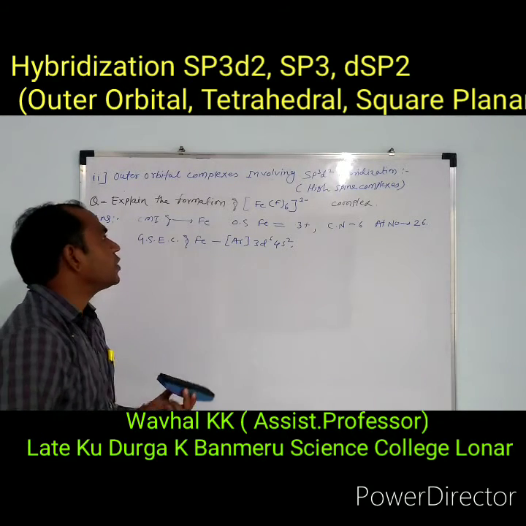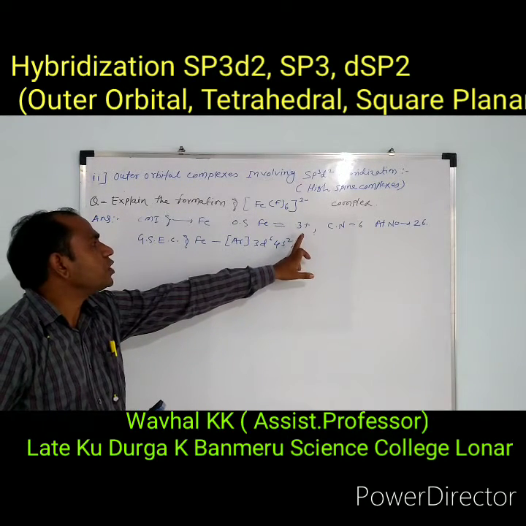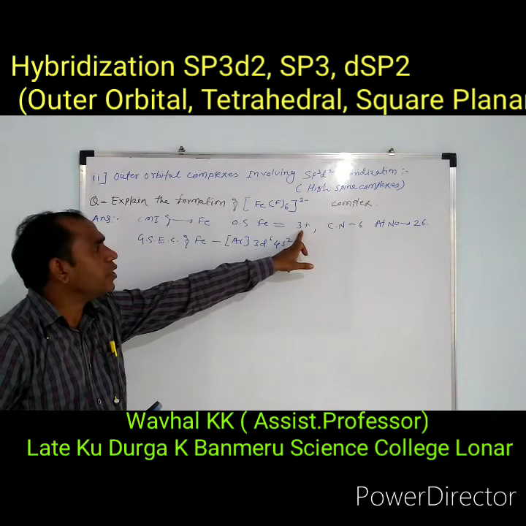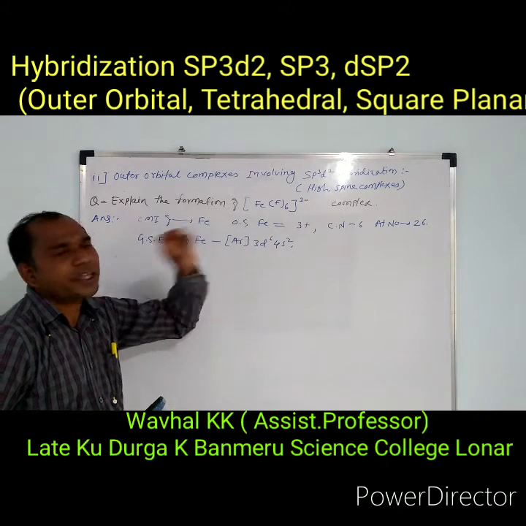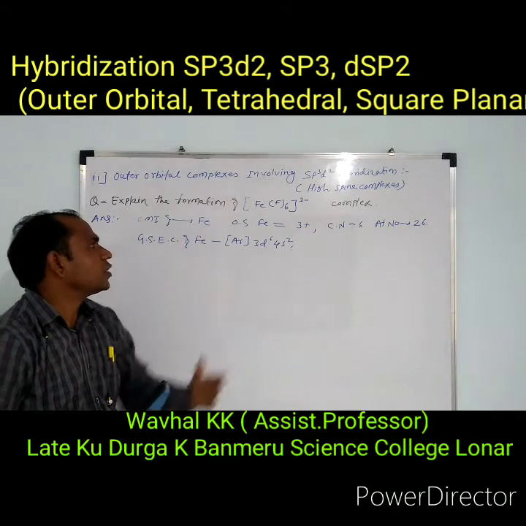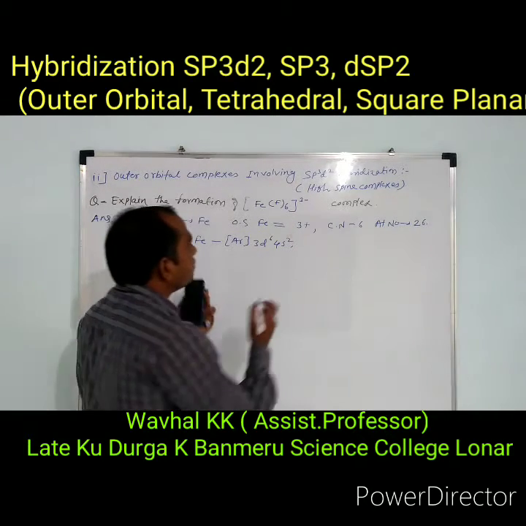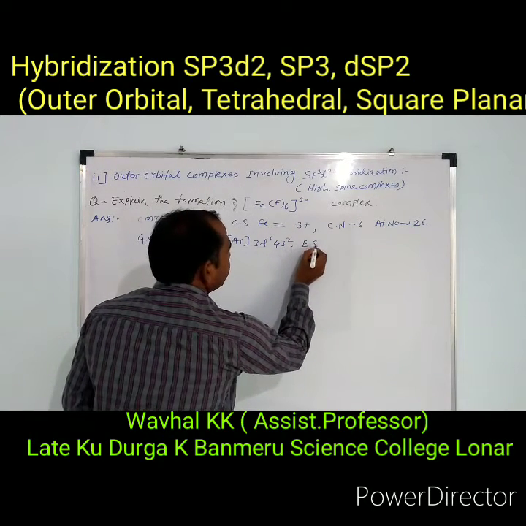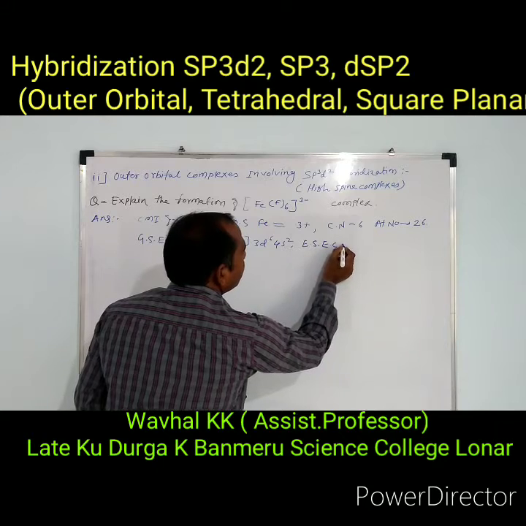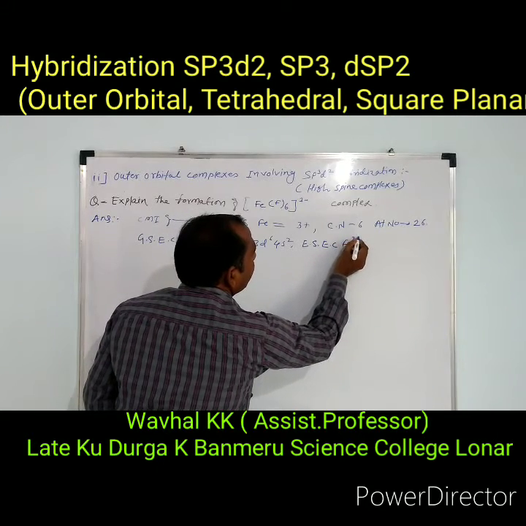Then in the excited state, the oxidation state of Fe is plus 3. Hence, in the excited state the complex donates 3 electrons. The electronic configuration of Fe tripositive.